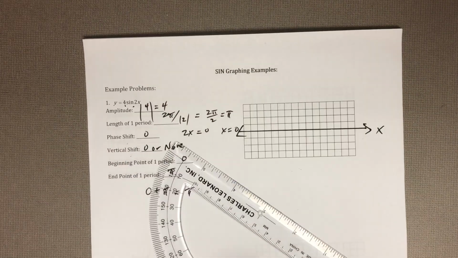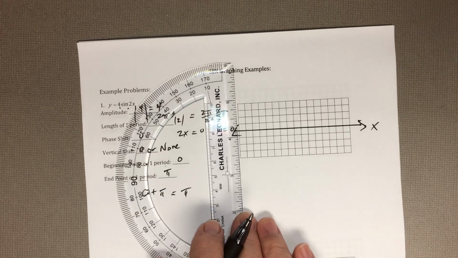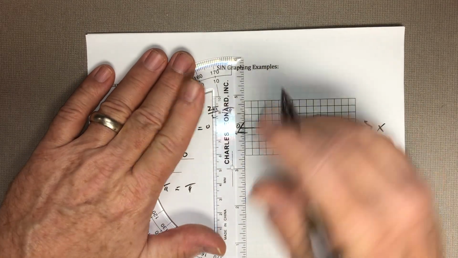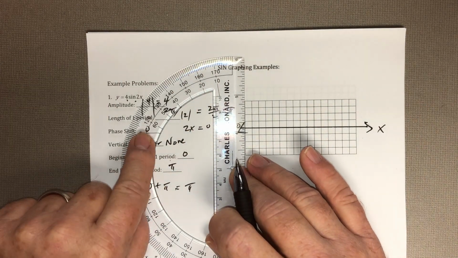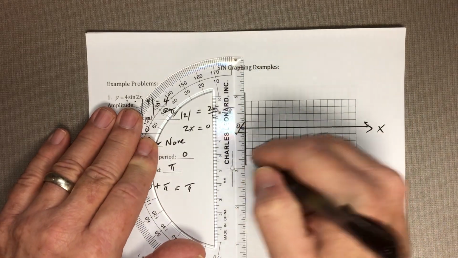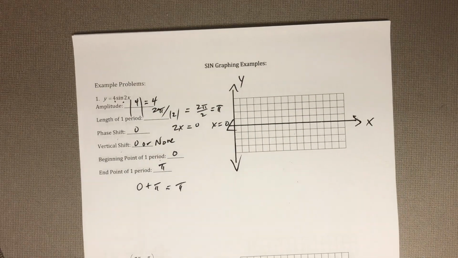Now, if there's no phase shift, I'm going to put my y-axis here at the beginning, simply because that's where I want it. There was no phase shift, it was 0, so we'll put the y-axis right here.